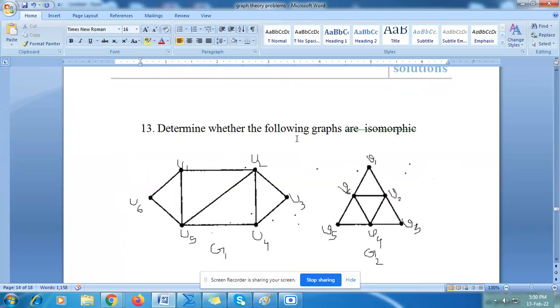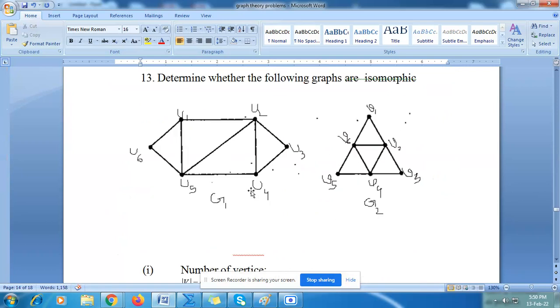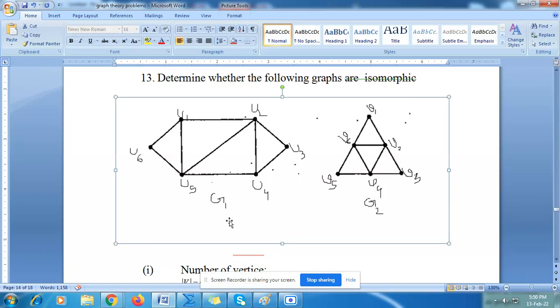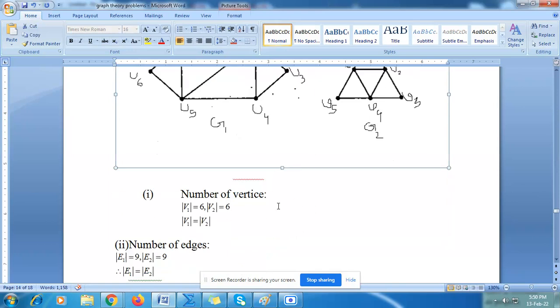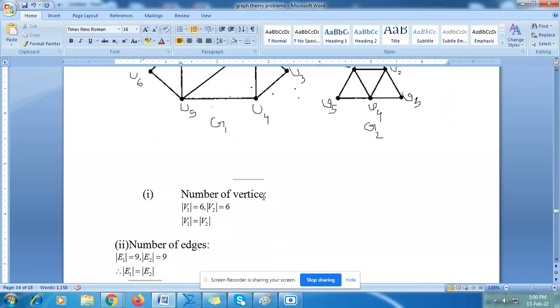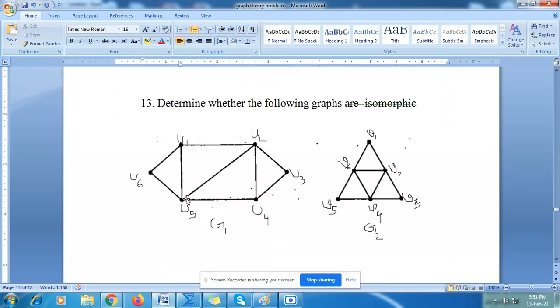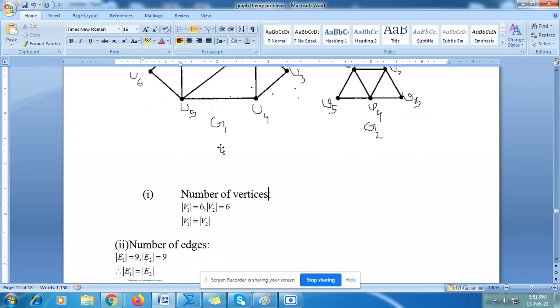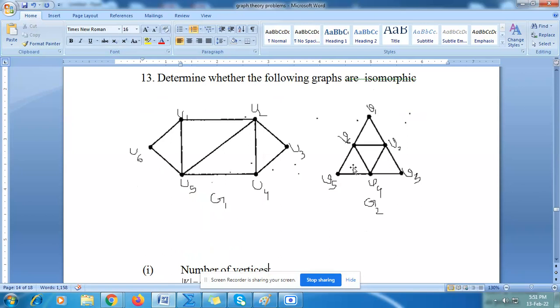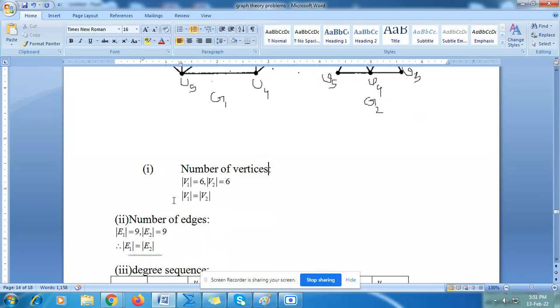Now determine whether the following graphs are isomorphic. By observing, check the number of vertices. In graph 1 we have u1, u2, u3, u4, u5, u6, so the number of vertices in graph 1 is 6. The number of vertices in graph 2 is also 6. First condition is over.